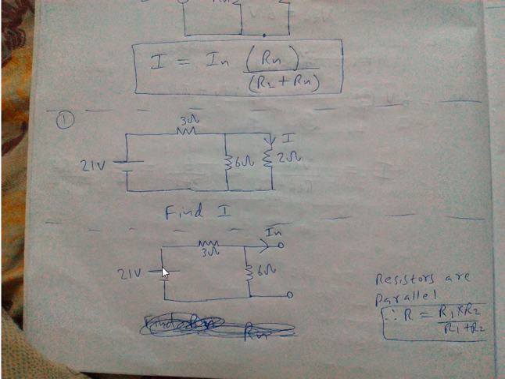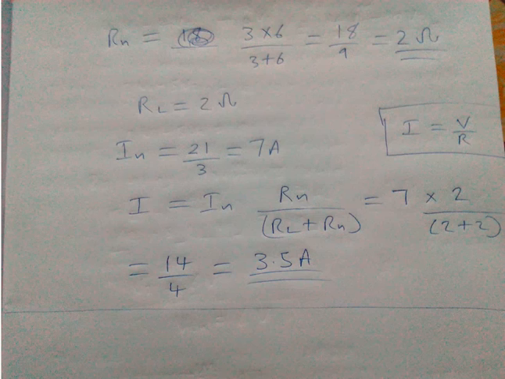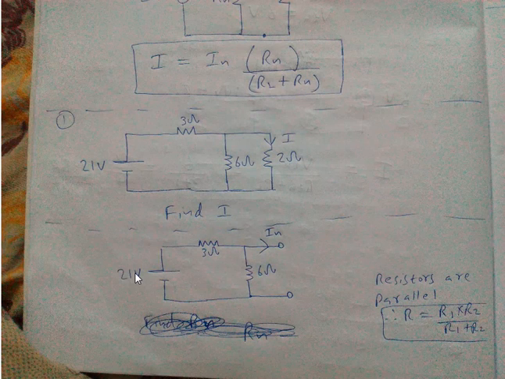When current goes to this side, we have one resistor and one voltage here, by which we can find IN, that is 21 divided by 3. That is 21 divided by this resistor.